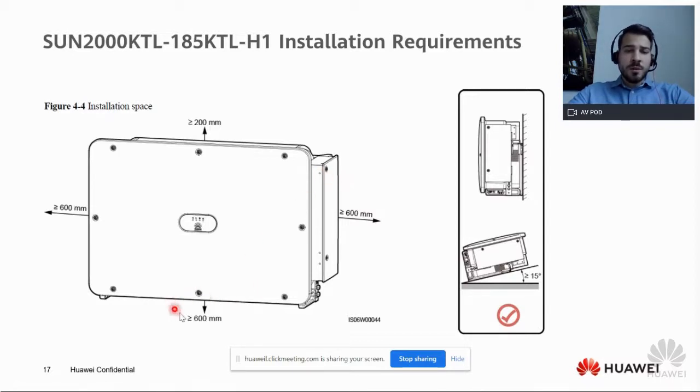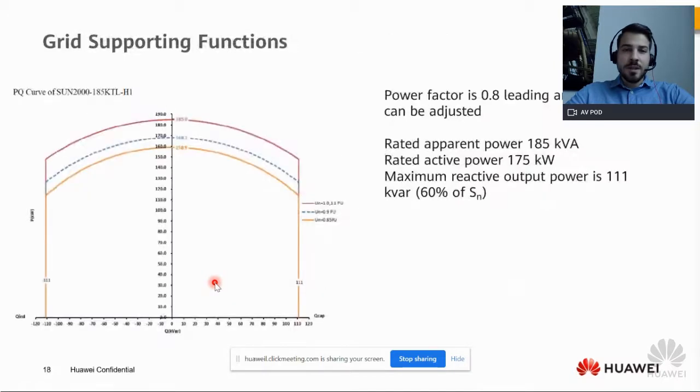And also below the inverter, we advise to keep at least 600 millimeters, just in case there will be some snow, or not in the south part of Europe, of course, but there is some grass growing, so it doesn't interfere with the inverter. It's better to have these kind of clearances.